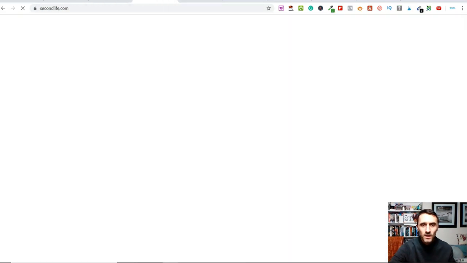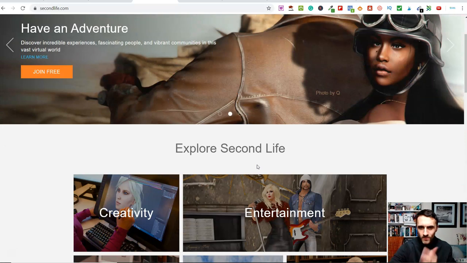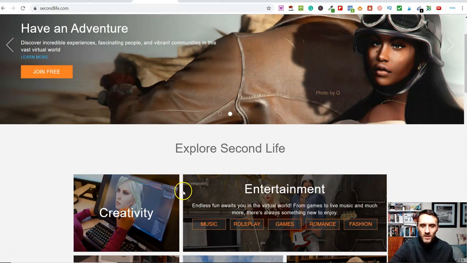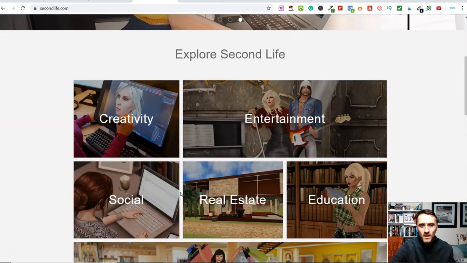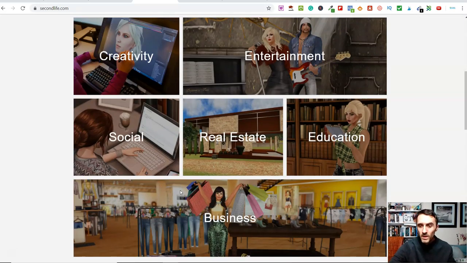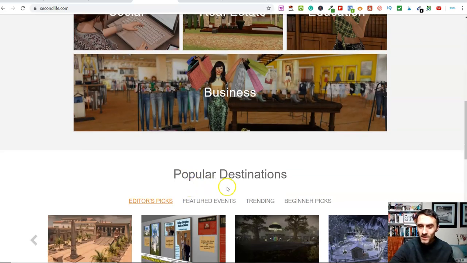The next one is a website over here, and this is called Second Life. It's quite bizarre in the sense that it's been around for a number of years, but the money that you can earn on this is just incredible. So how it works is basically people create a complete virtual life online. When I first came across this, I didn't really understand it, and I still don't to a degree.